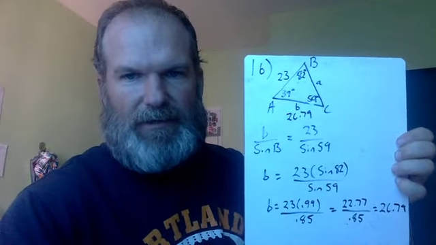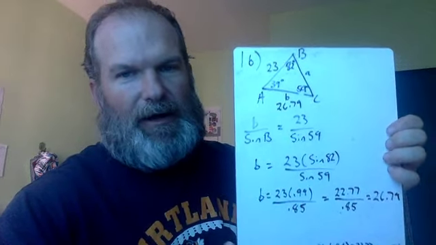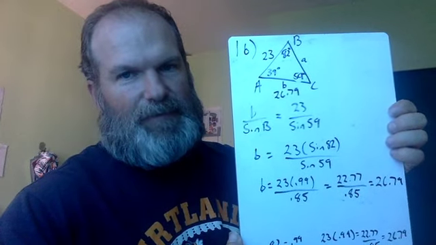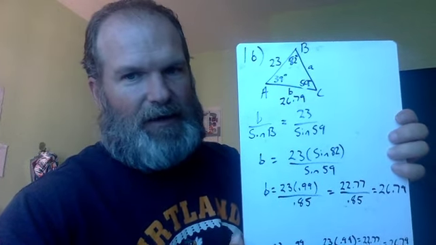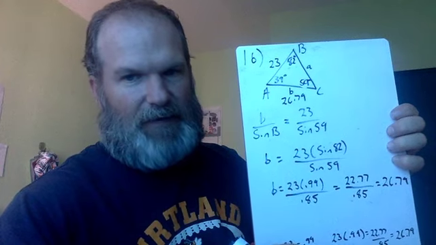So that was the answer for B, 26.79, whatever it was, centimeters or inches. I didn't write down the units. All right, now we just have A to solve for. So for A, I'm going to use C again.